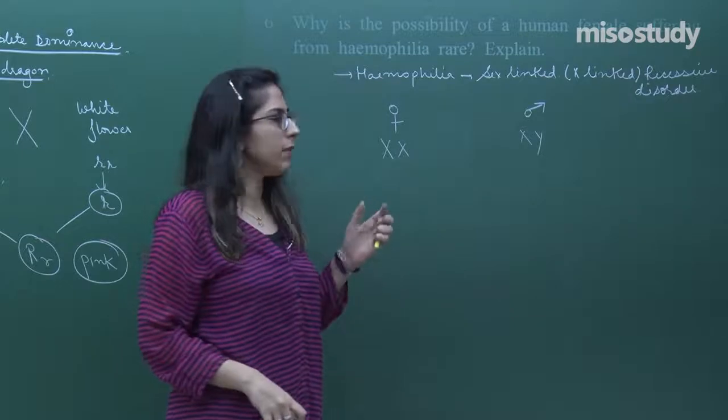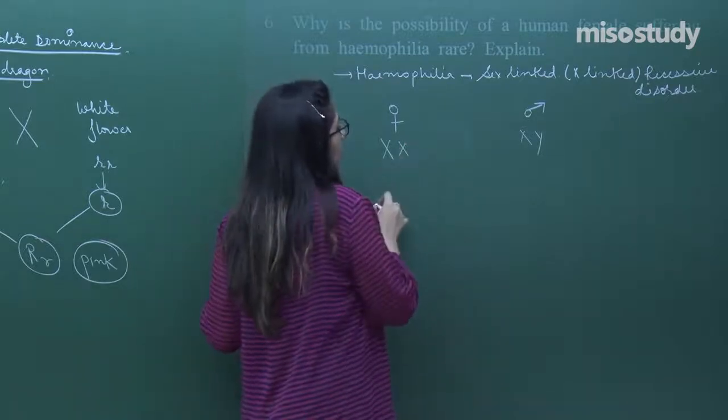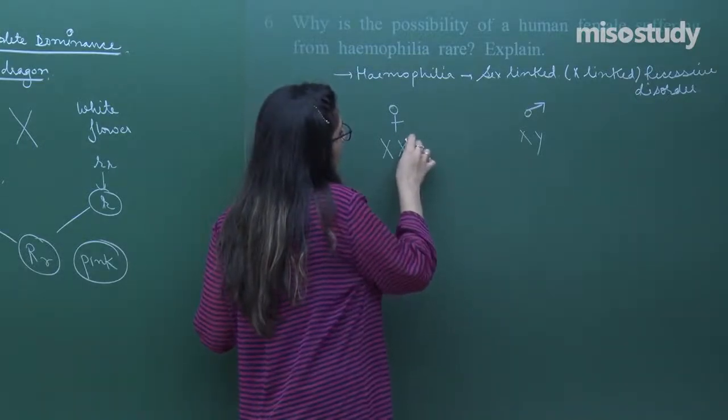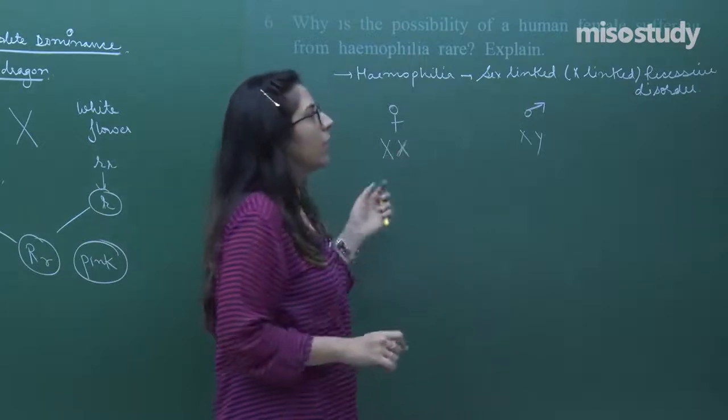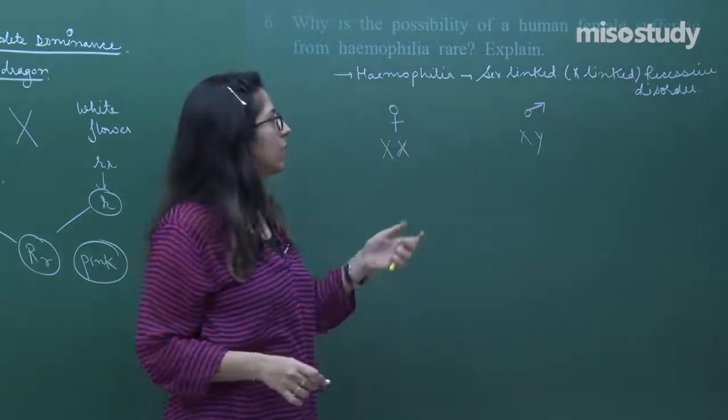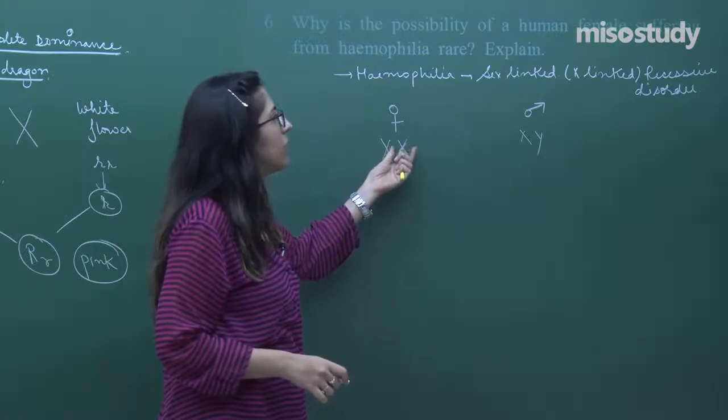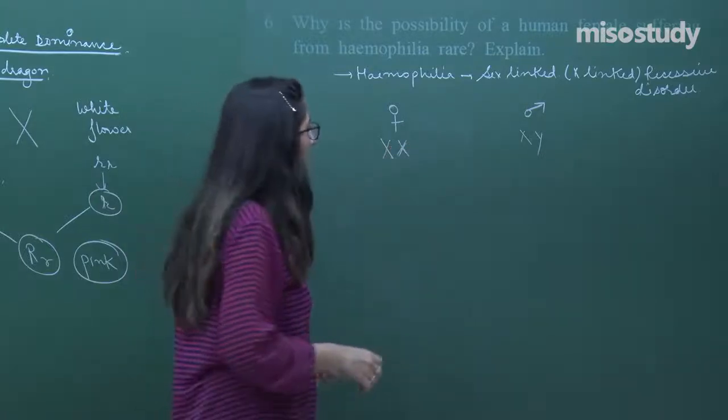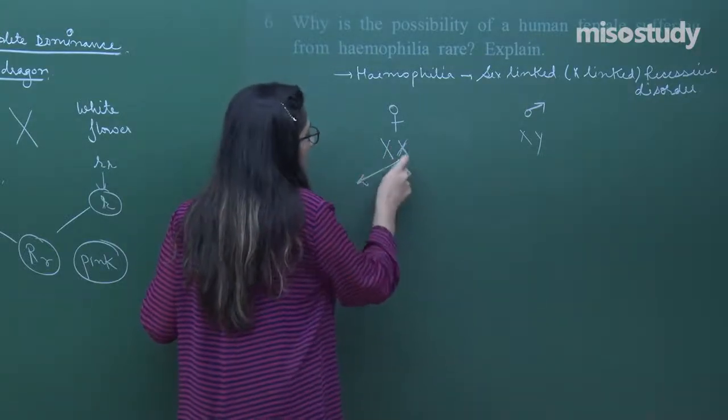Because it is a recessive disorder, if we talk about a female, if they have one chromosome with this particular gene which is responsible for hemophilia, that female will be considered a carrier.